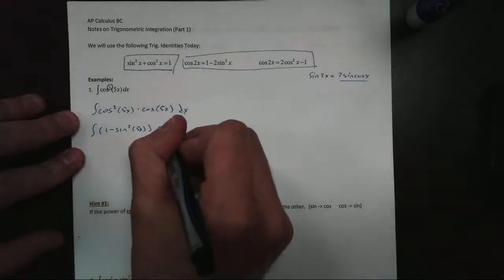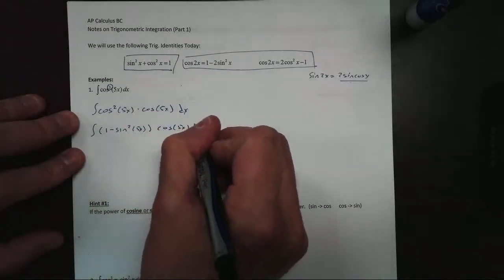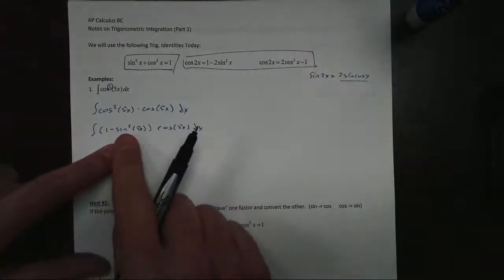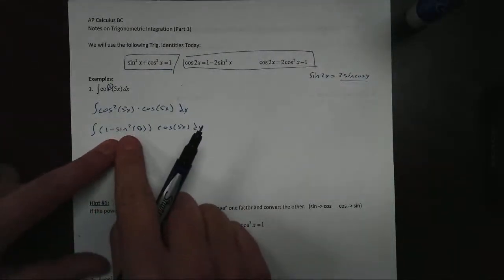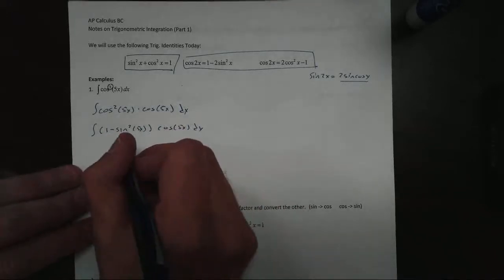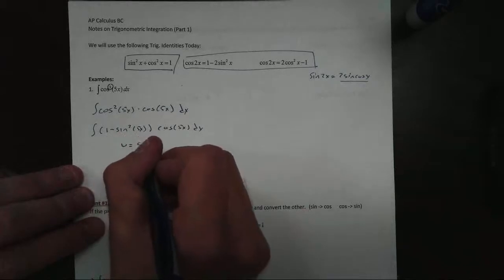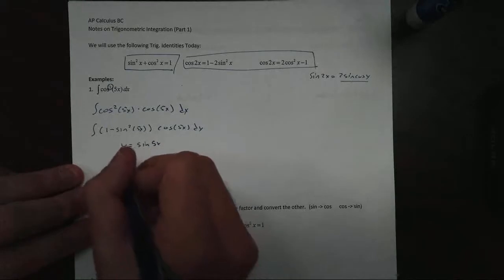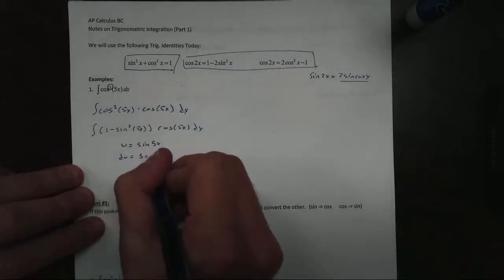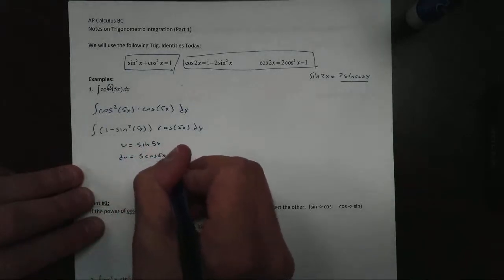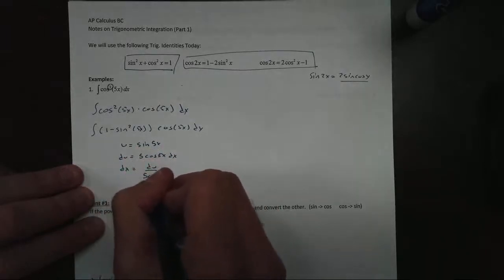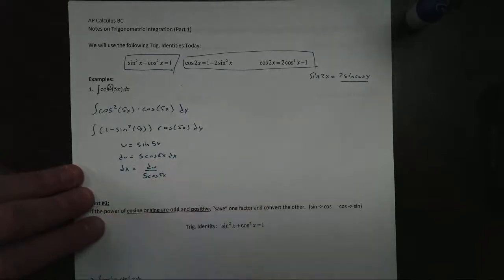And now we might be getting the general idea of what we're going to do next. I am now going to use substitution because the derivative of sine is cosine. So if I let u equal sine of 5x, be careful, not the square, just the sine of 5x, its derivative would be 5 cosine of 5x dx, and I would get dx equals du over 5 cosine 5x.